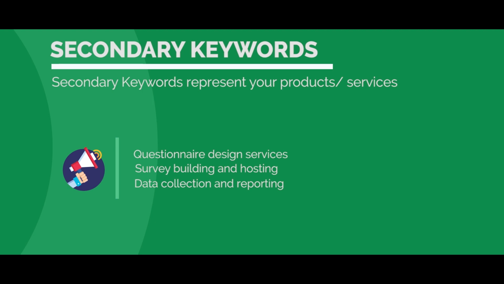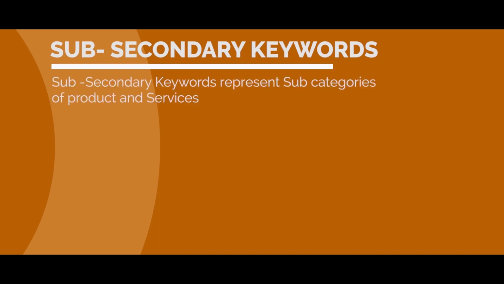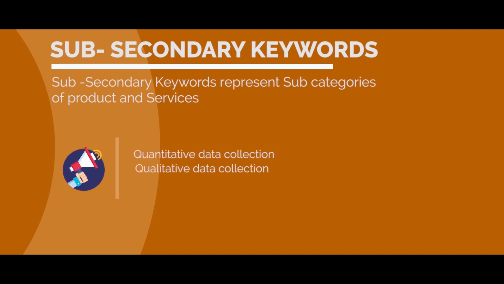Similarly, there can be sub-secondary keywords. These keywords represent subcategories of products and services like quantitative data collection, qualitative data collection, survey hosting are the examples of subcategories of data collection services, and these can be used as sub-secondary keywords.